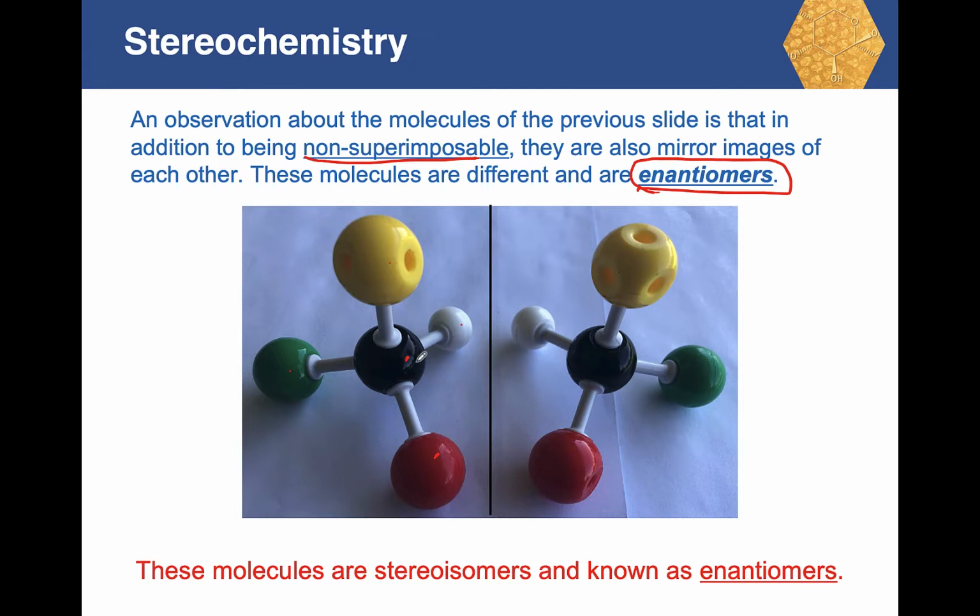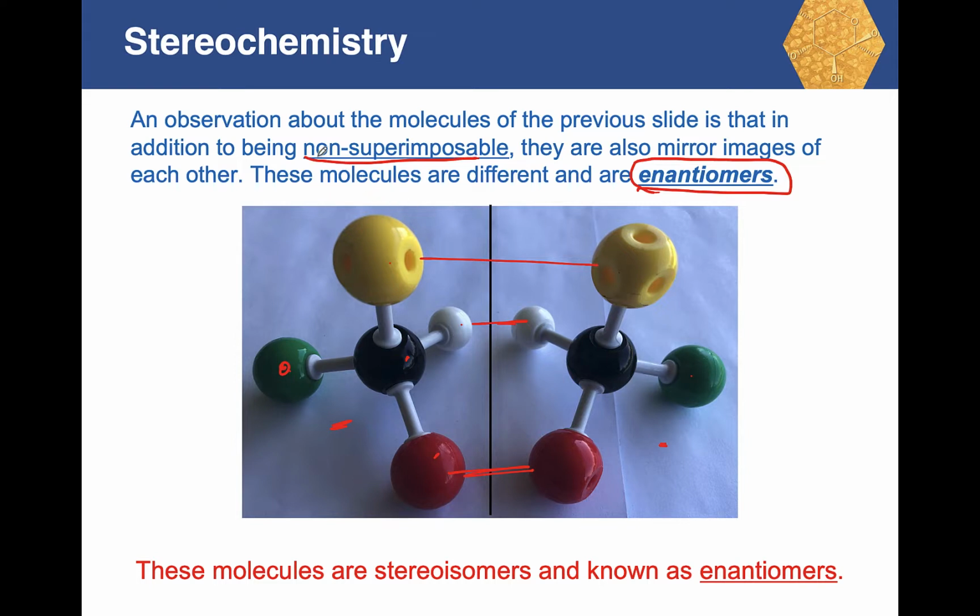Same concept here. Here's a molecule. The mirror image of this molecule is right here. So imagine this is the mirror. The red reflects here, the white here, the yellow here, and in the back we have the green. So they are mirror images of each other.